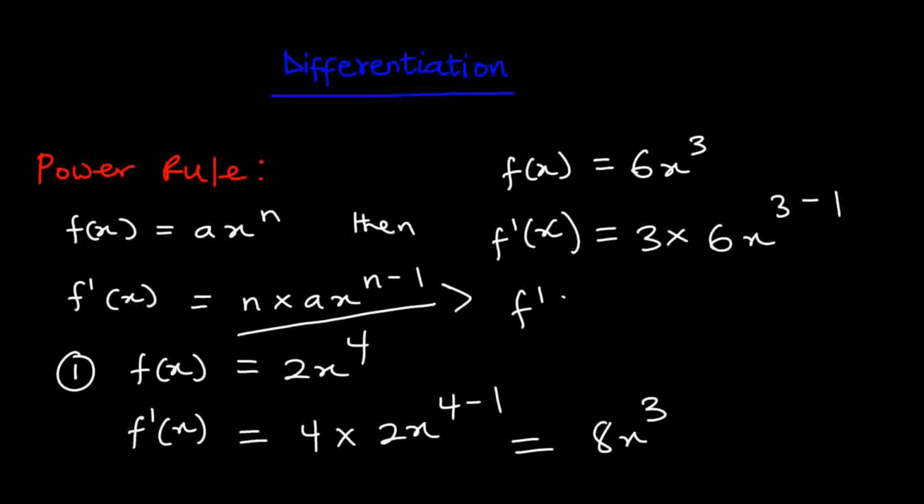This will give us the derivative of the function to be equal to 18 times x to the power 3 minus 1, which is 2. So this will be the derivative of this function here.